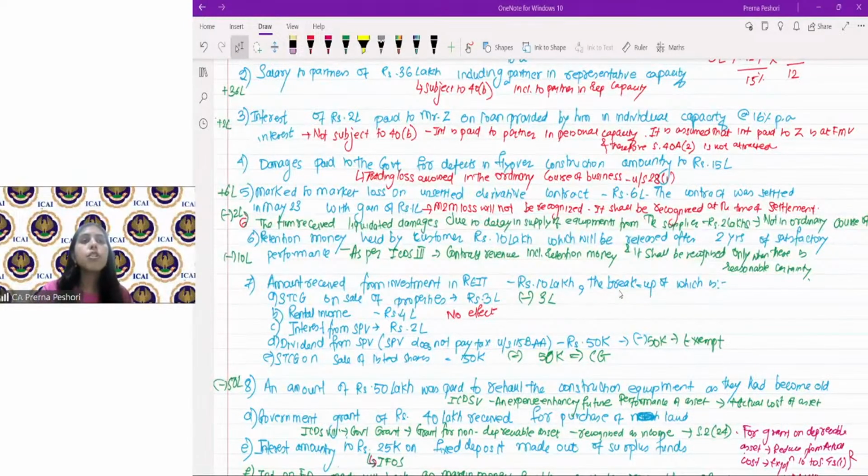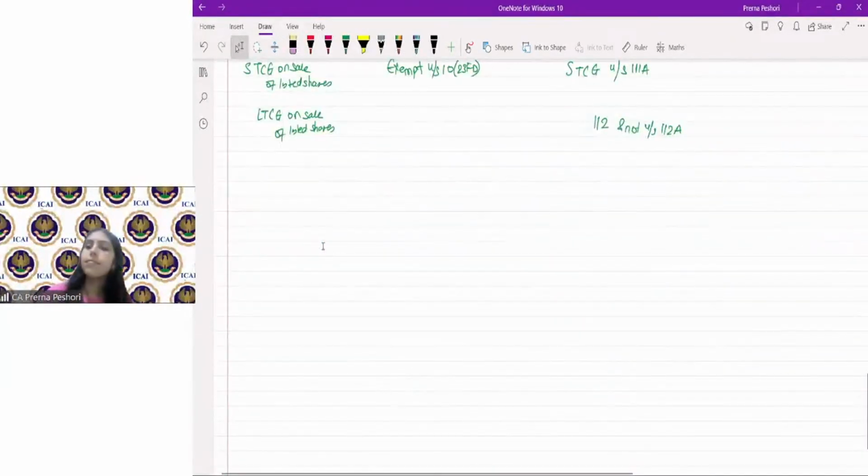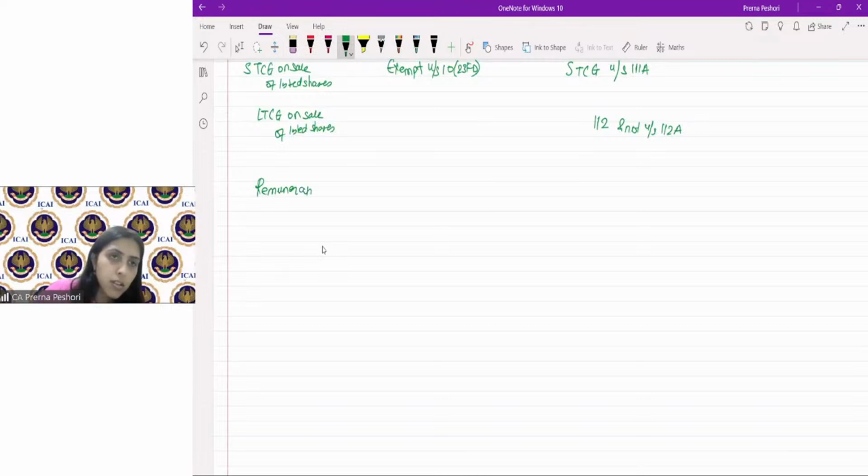How do you calculate the remuneration to the partners? Section 40, subsection B. What is the remuneration?